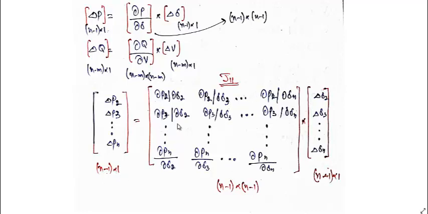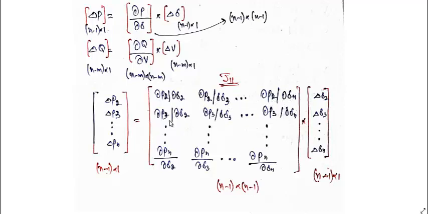So these terms will be all the equations, that is, the derivative with respect to all the variables. So this will be delta P2 by delta delta. That is the first equation, which will be derivative with respect to all variables. It will be delta P2 by delta delta 2, delta P2 by delta delta 3, that is up to delta P2 by delta delta n.